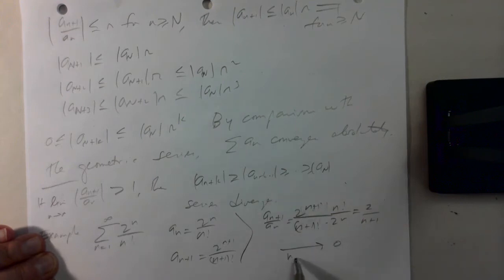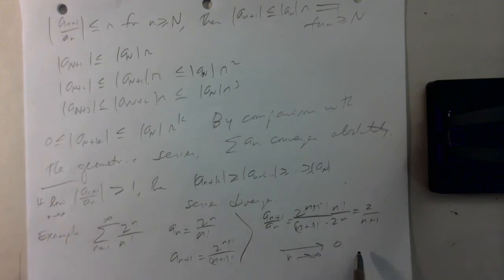And this goes to 0 as n goes to infinity. So by the ratio test, the limit is 0, which is less than 1. So this series converges.